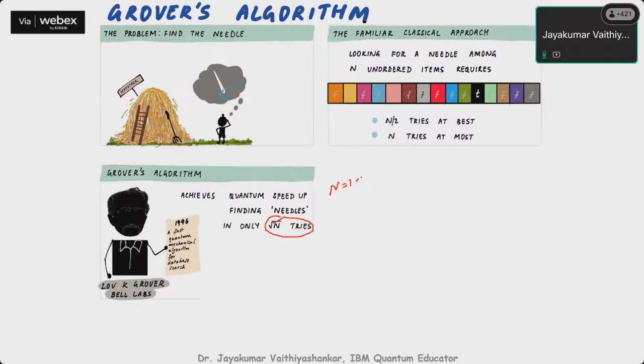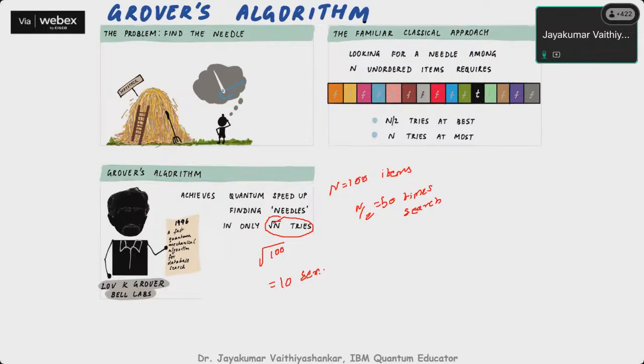Imagine n equal to 100 items. What is the best case for classical? N by 2, which means you need to do 50 searches. But in quantum, root 100, you need to search only 10 times.